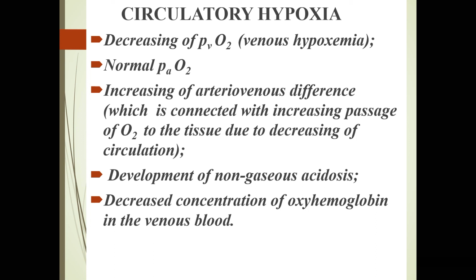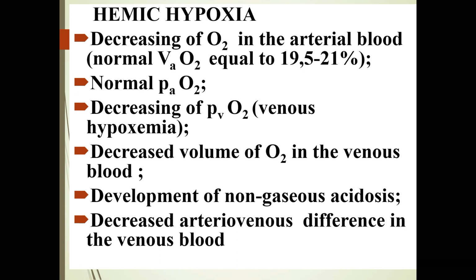Circulatory hypoxia is characterized by a decrease of partial pressure of oxygen in the venous system. In the arterial system it doesn't change. There is an increase of the arteriovenous difference and development of non-gaseous alkalosis, and a decreased concentration of oxyhemoglobin in the venous system.